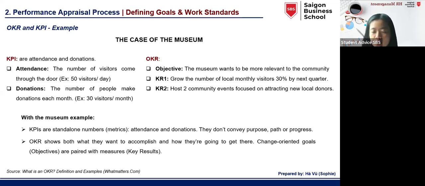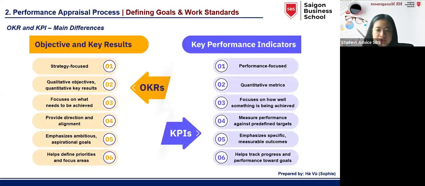So in this example, the KPI monitors regular metrics like attendance and donation, while OKRs push strategic progress by defining clear actions and results aligned with bigger goals. The figure on the slide highlights key differences between KPIs and OKRs, offering a clearer understanding of how both can be utilized effectively.